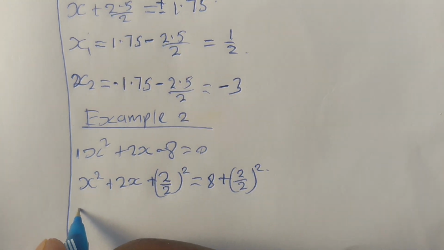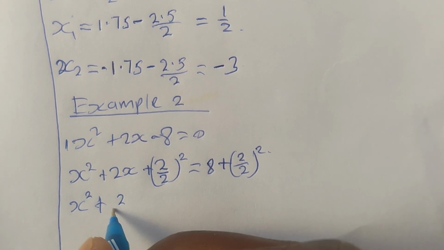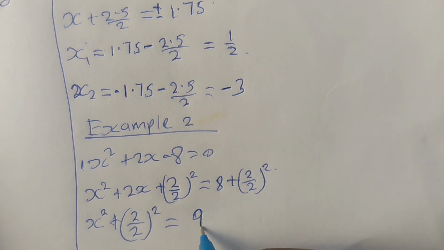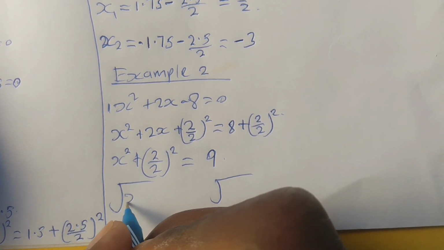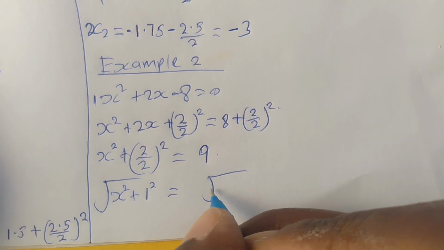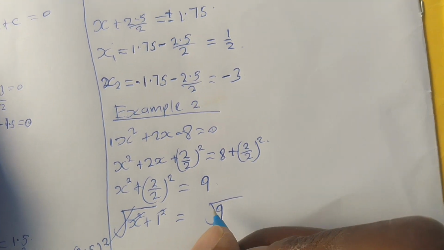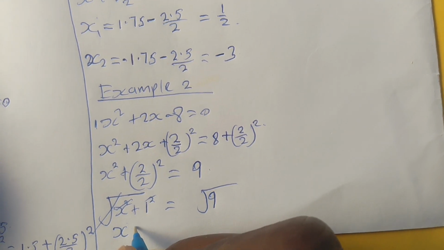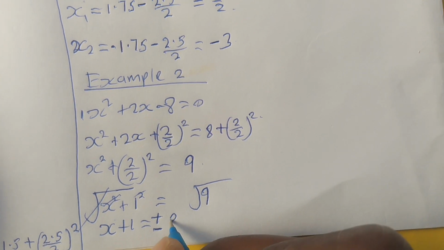This will give you (x plus 2 divided by 2) squared is equal to 9. Getting the square root of both sides, (x plus 1) squared is equal to 9. The square and the square root cancel, and the square root of 9 is equal to 3. So it is x plus 1 is equal to plus or minus 3.